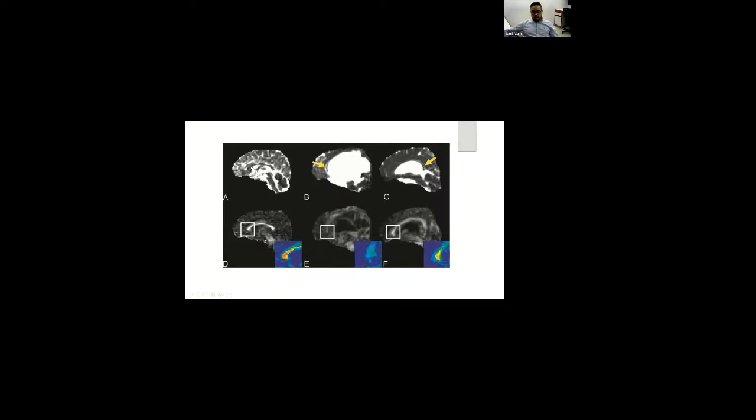So if you look at the ADC sequence, in a normal healthy patient, the ADC of the corpus callosum is hypointense. Whereas in these patients with hydrocephalus, you can see hyperintense signals within the corpus callosum. On the fractional anisotropy images, you can see that there are hyperintense signals within the corpus callosum in a normal healthy patient, whereas there are reduced signals within the corpus callosum in patients with hydrocephalus.